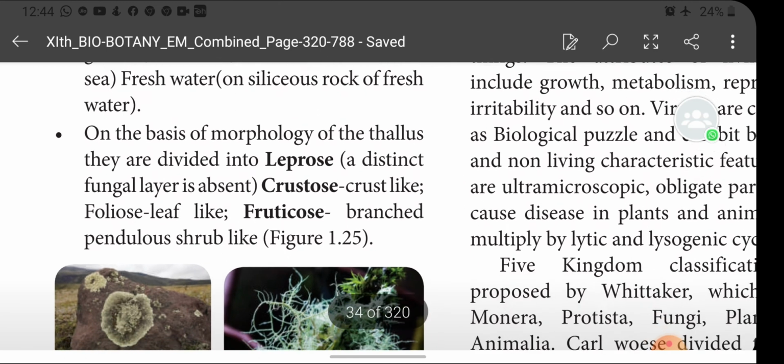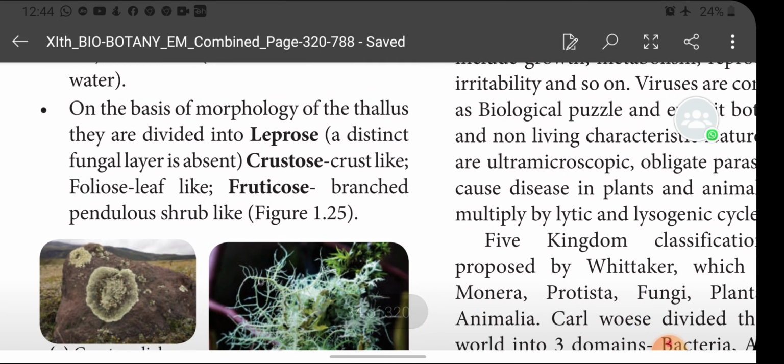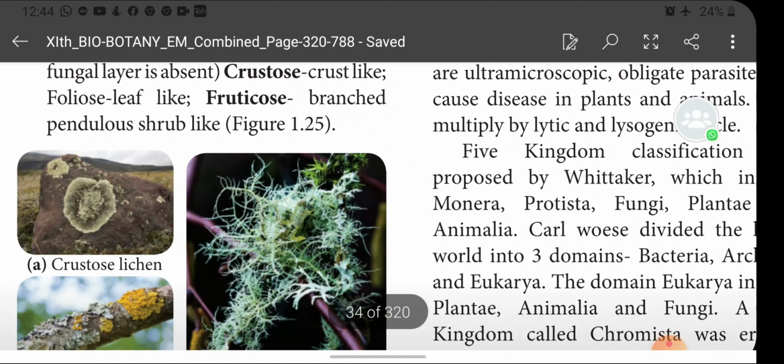On the basis of morphology, that means on the basis of external structure, lichens are divided into leprose, where a distinct fungal layer is absent; crustose, crust-like; foliose, leaf-like; and fruticose, branched pendulous shrub-like.